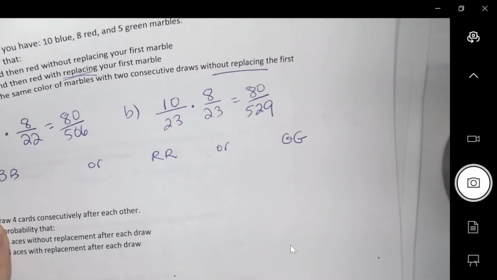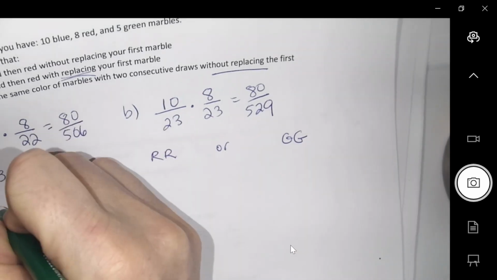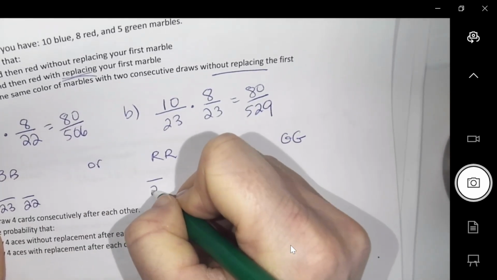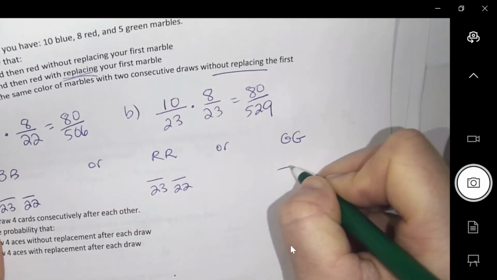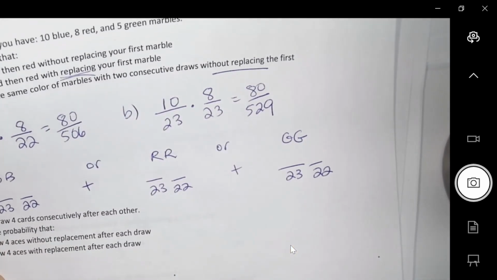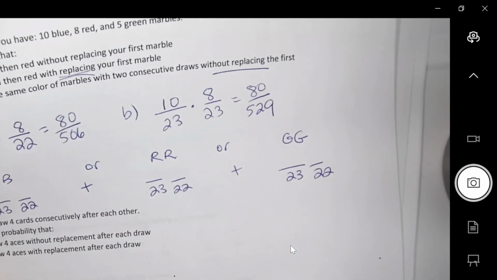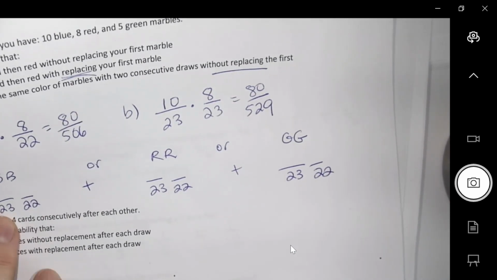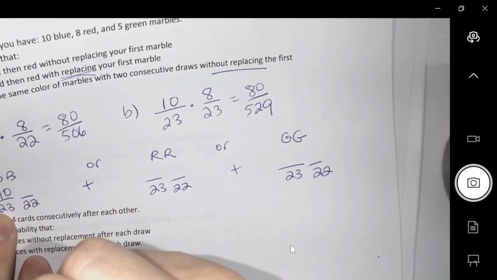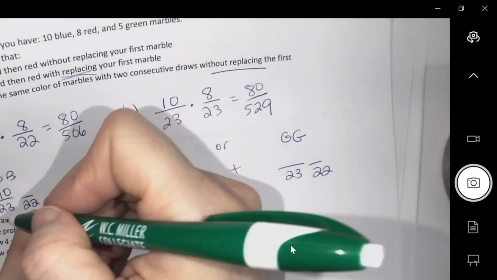So you aren't replacing. So I'm going to do 23 and 22 on each of them because I don't replace my marble. So if I get a blue, the first blue was 10, but I didn't replace it.